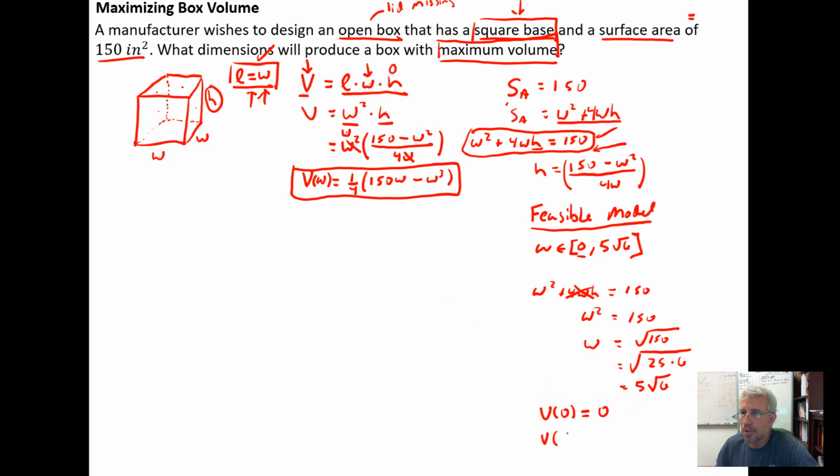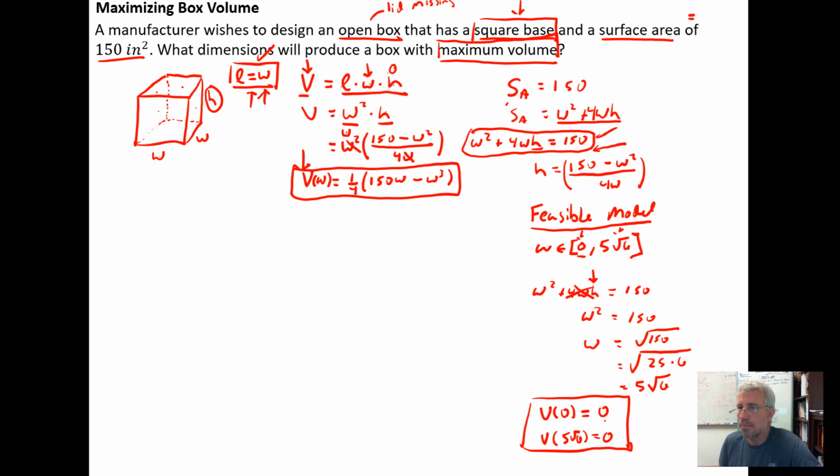And similarly, if we plug in 5 times the square root of 6 to our function right here, we're also going to get a 0, because the second calculation was predicated on our letting height equal 0, and we know when the height is 0, the volume will also be 0. So here's why this is important. We're guaranteed, because I have a closed interval over which my volume function is defined, and we know at the endpoints the volume is 0.